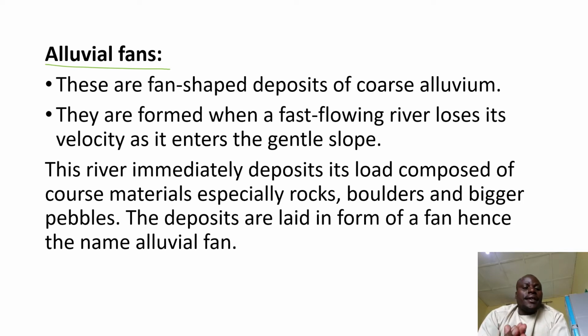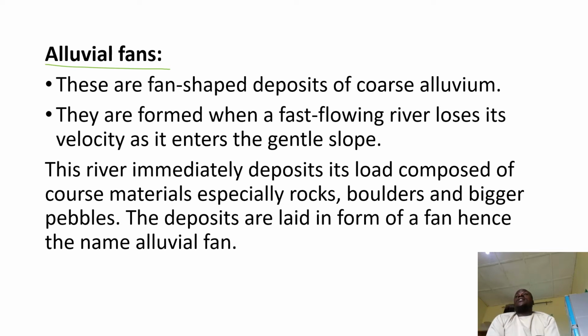and it immediately deposits its load composed of big boulders or particles before it reaches its lower stage. The deposits are laid in a form. They are arranged in the form of a fan, and hence the name alluvial fans.